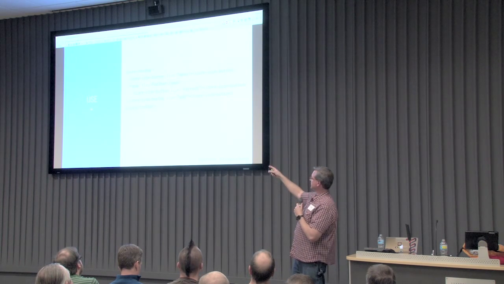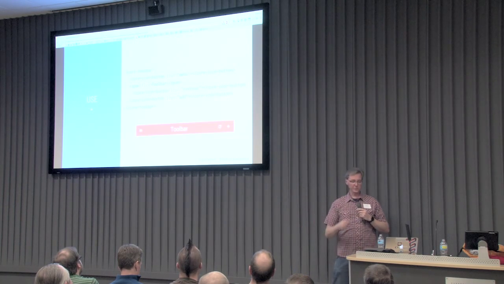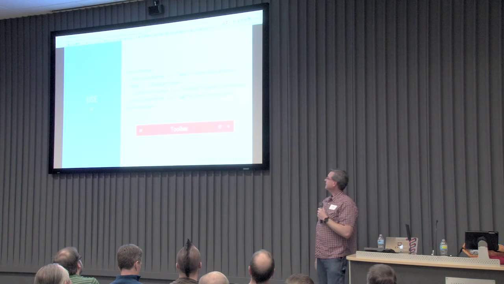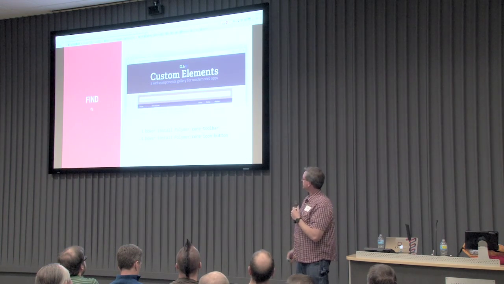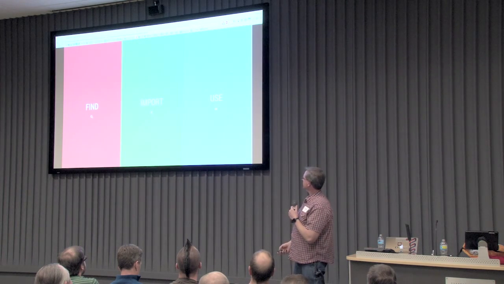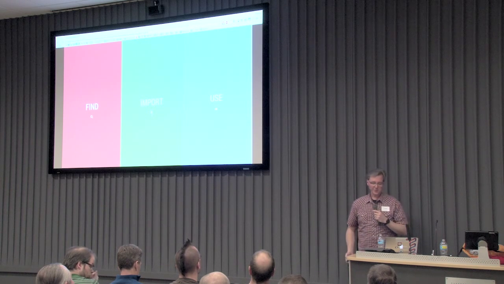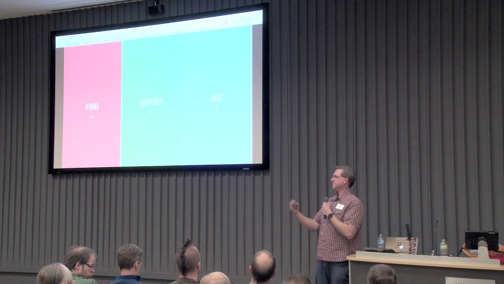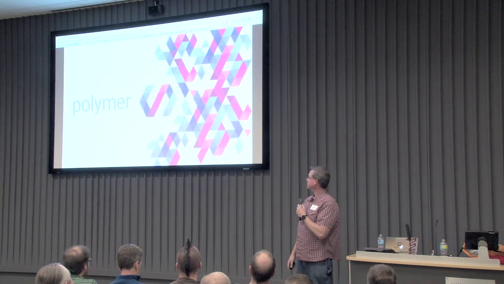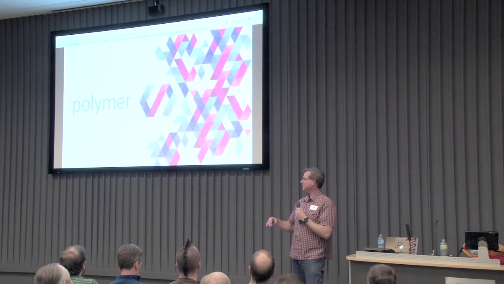And then to use it, in the body of your HTML you stamp out the core toolbar, and you get a pretty nice toolbar to use on your site. So find your custom elements, import, and use them. And the library handles the loading of all of the resources and all of the dependencies that it might need. So that's all custom elements, all part of the HTML5 spec.